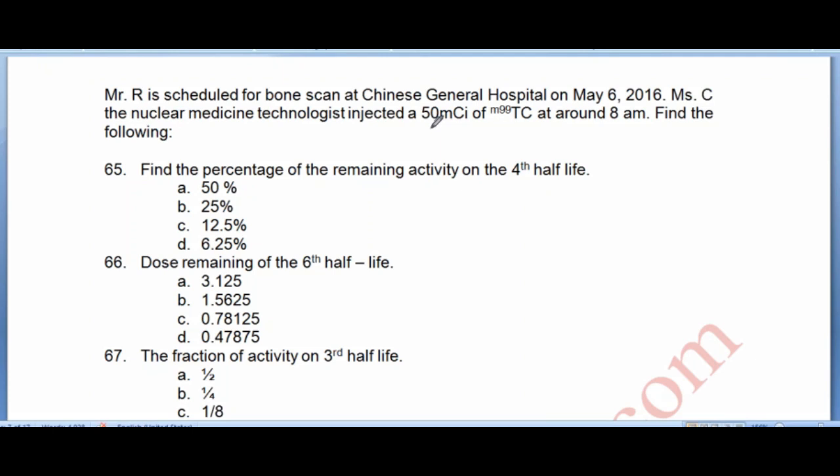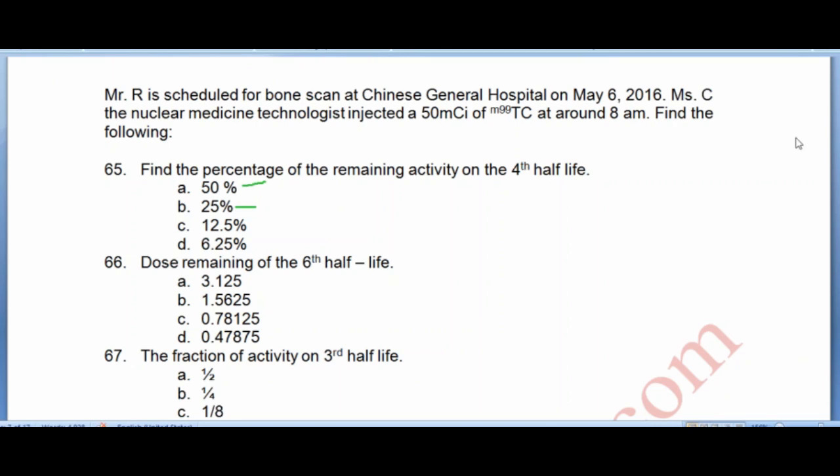From our previous discussion, the first half-life is 50%, the second half-life is 25%, the third half-life is 12.5%, and the fifth half-life is 3.125%.